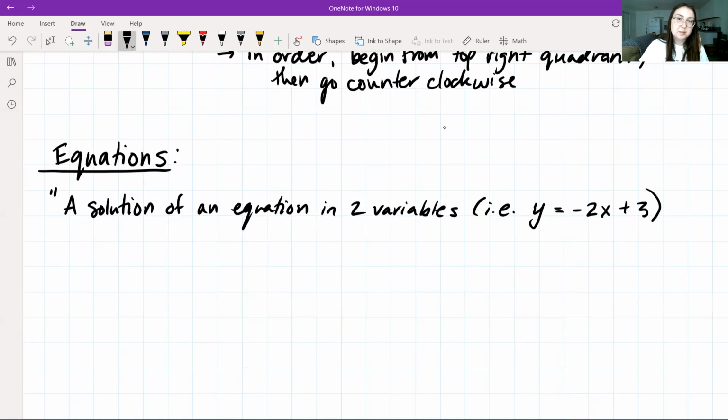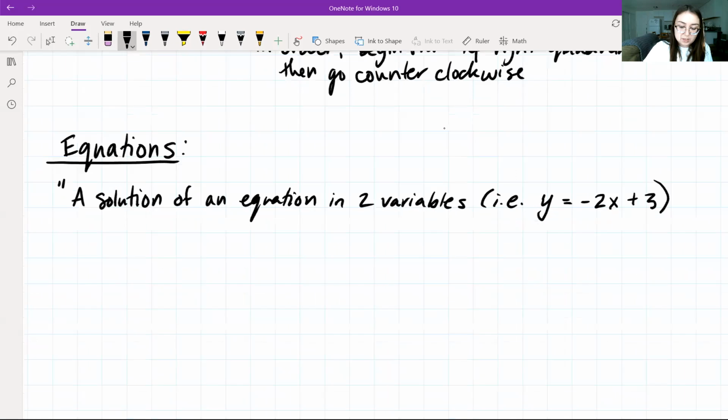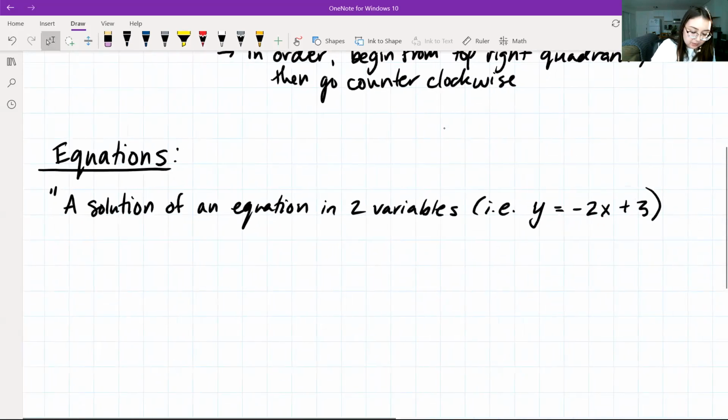So our two variables in this case would be y and x. So a solution of an equation in two variables is an ordered pair.